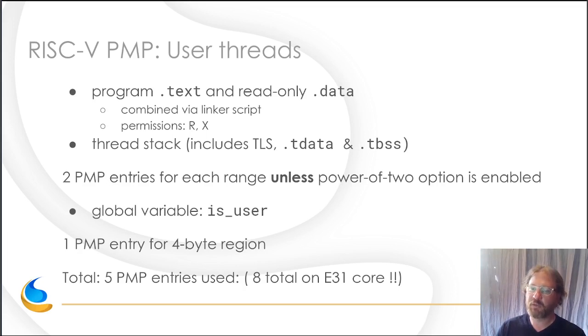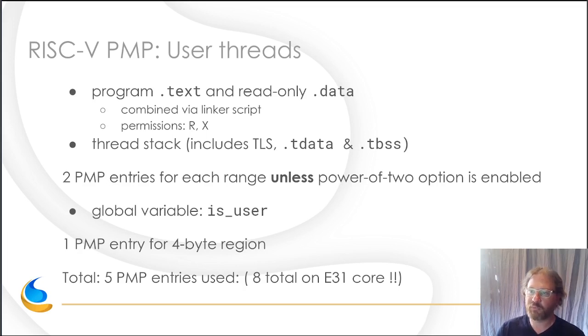These should be separated so that you could have the text section be executable only, and the read-only data obviously should be read-only. But as mentioned, with the limited number of PMP regions that can be protected, the current implementation combines these together, and so they have read and execute permissions for this combined area.